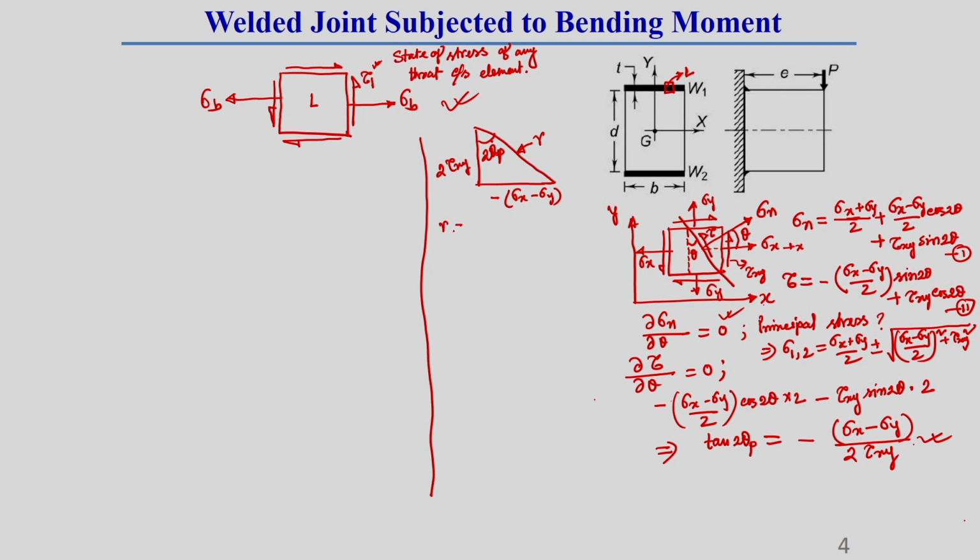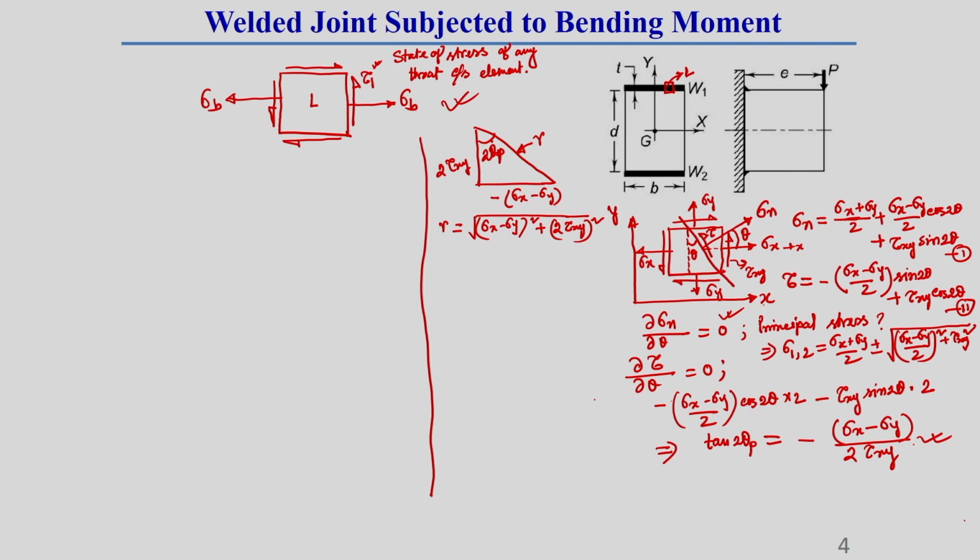So, here r is equal to what? R you can retain as the square root of (sigma x minus sigma y) whole square plus (2 tau x y) whole square. I am discussing this in a little more step so it will be more clear to you.